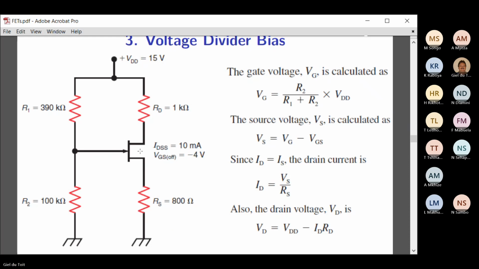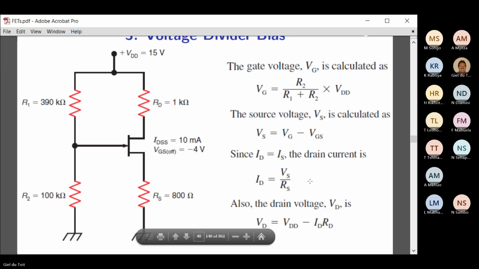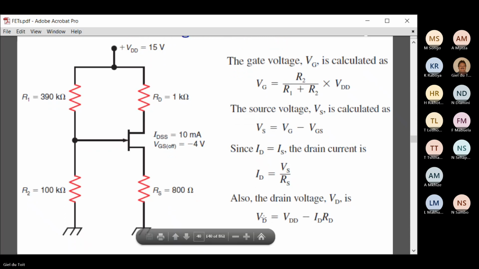So therefore, we've got a formula here, and since ID is IS, this current in the drain is the same as the current in the source here, and the drain voltage VD is VDD minus ID RD, which is the power supply voltage minus the volt drop over this resistor. And then you calculate VD.